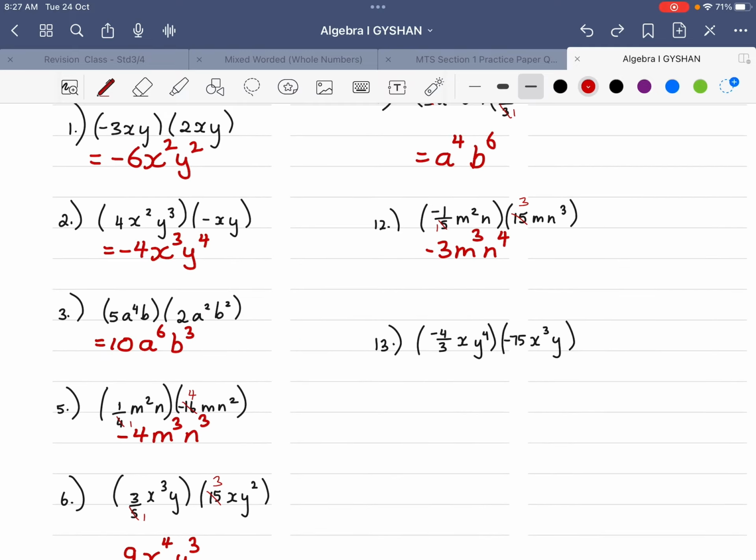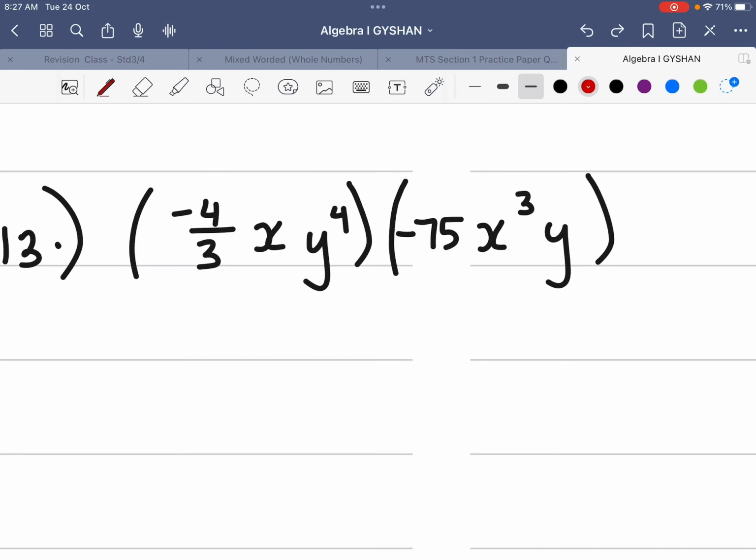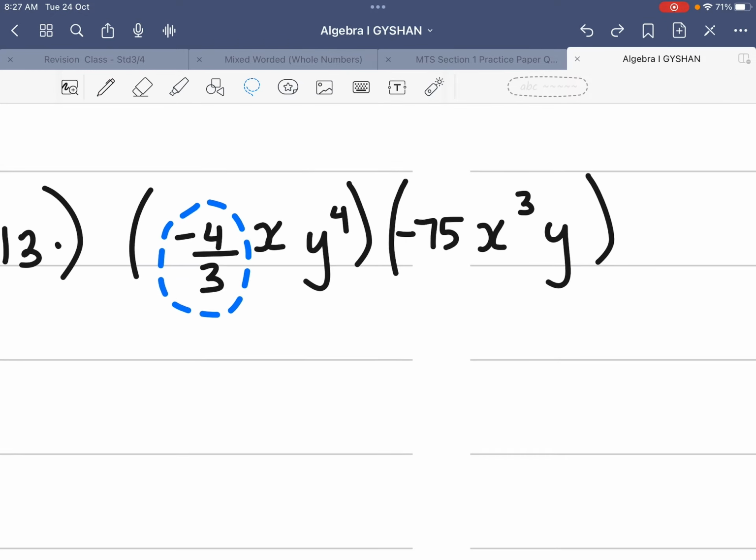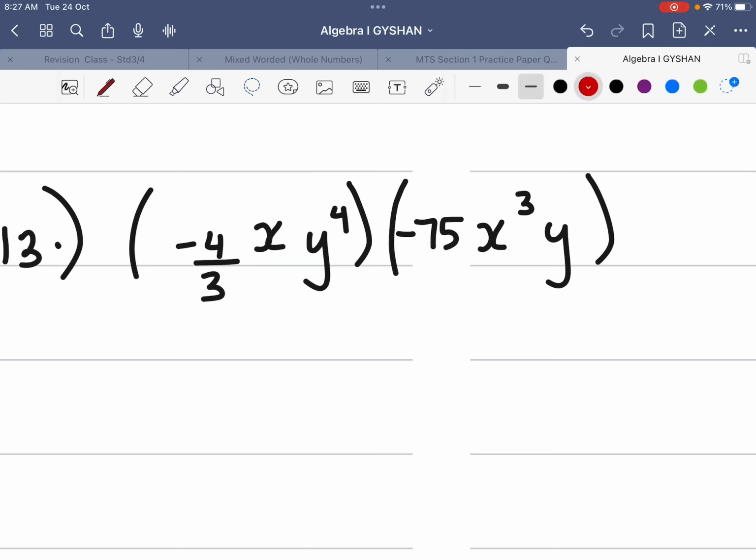And lastly, we have 3 into 3 is 1. We know that 3 25s make 75. So 3 into 75 is 25. And we know that a negative multiplied by a negative is a positive.